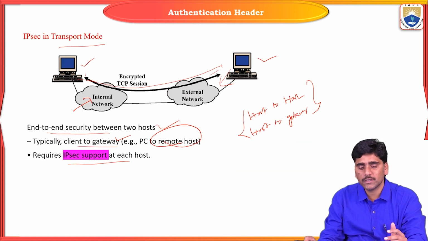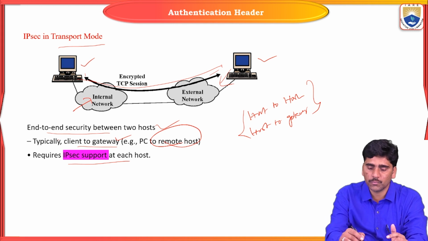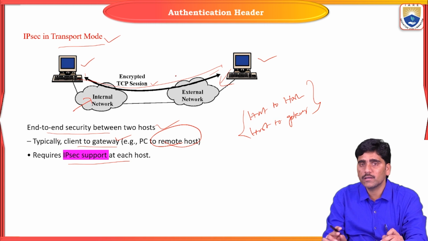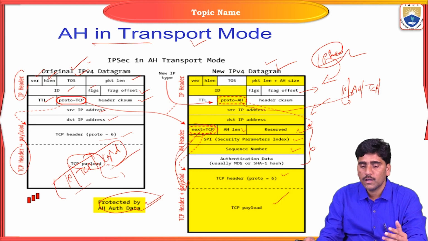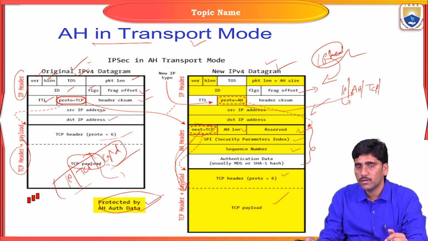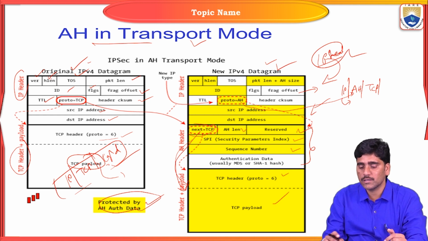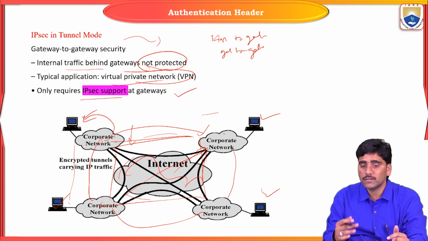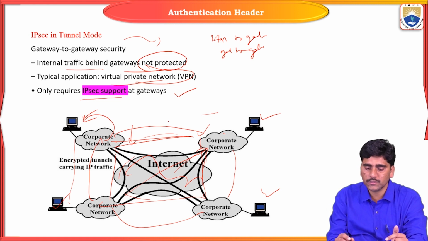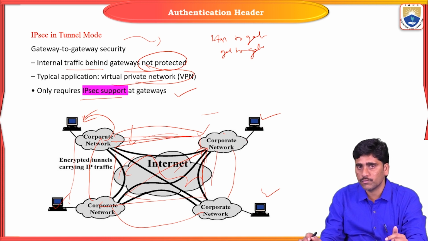This is the IP security service offered in transport mode, which uses an encrypted TCP session to communicate between both hosts. Similarly, the authentication header in transport mode offers services in an authenticated way. And the IP security tunnel mode provides services between host to network or network to network, host to gateway or gateway to gateway.